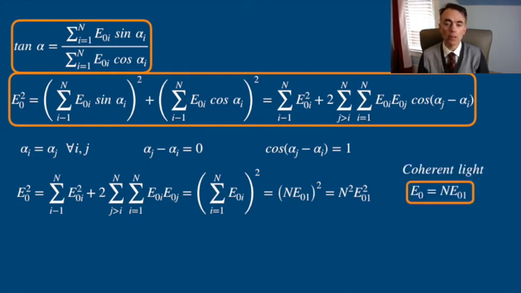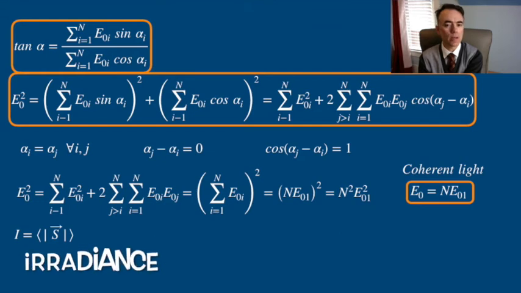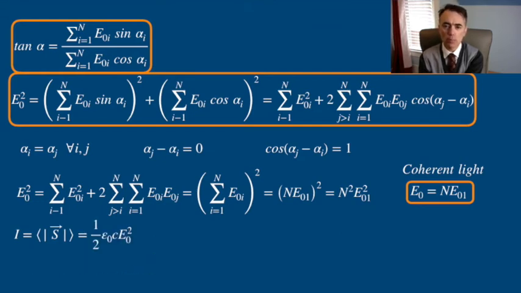So the magnitude is n times the magnitude of each individual wave. Here we are optimizing the energy propagation. If you remember from when we introduced the irradiance as the power density per unit area, which is proportional to the square of the electric field, the irradiance here is n squared times the irradiance of a single one of these waves.